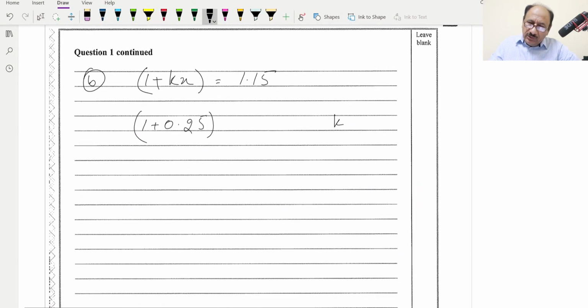K value is 1 over 4, which we can write as 0.5. So that's why we have written like this, and this is equal to 1.15.